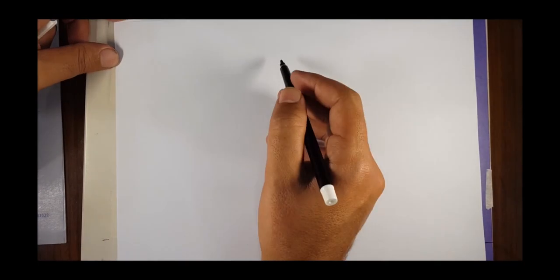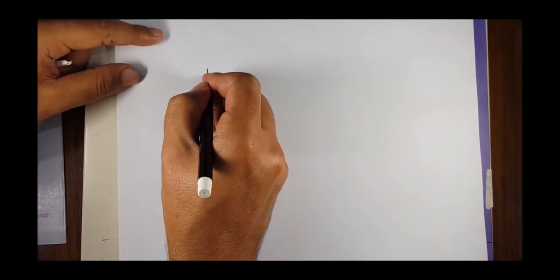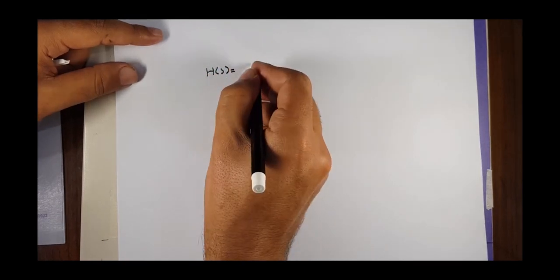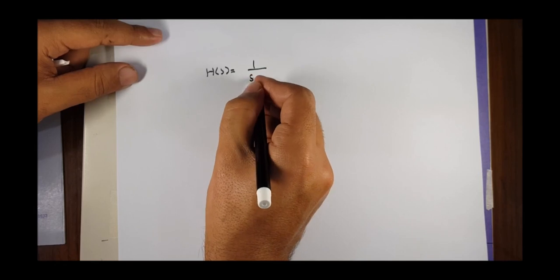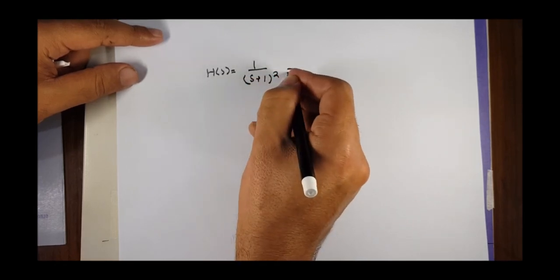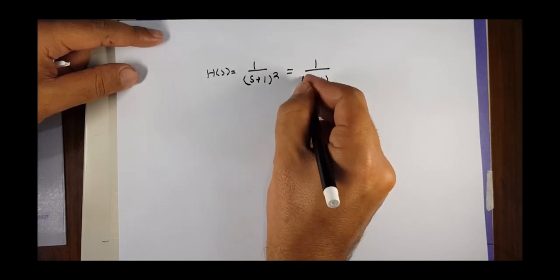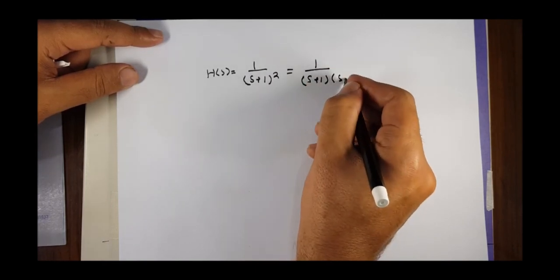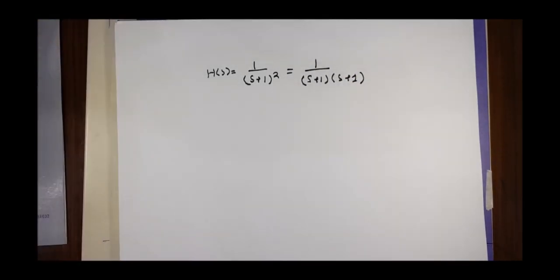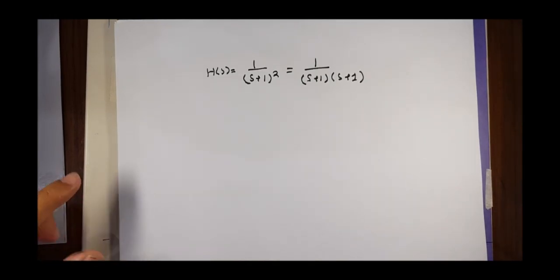A repeated pole means that you have a transfer function of this form: H(s) = 1/(s+1) squared. It means that you have a pole at s plus 1 and you have another pole which is s plus 1. It means two poles are lying at the same point.